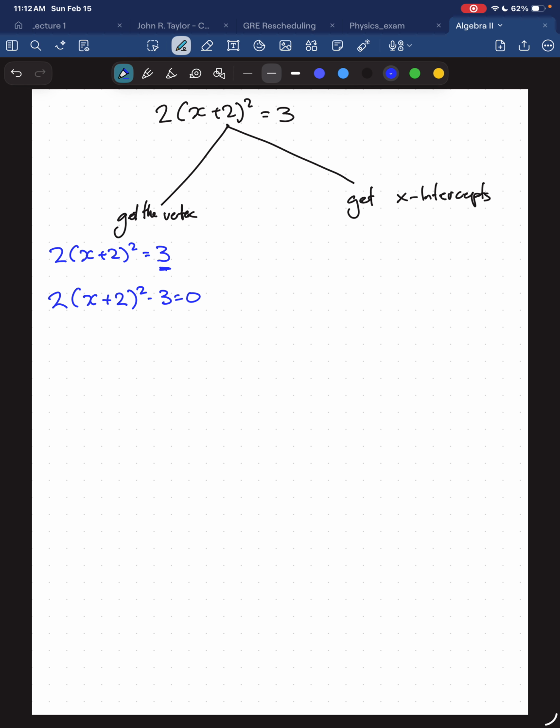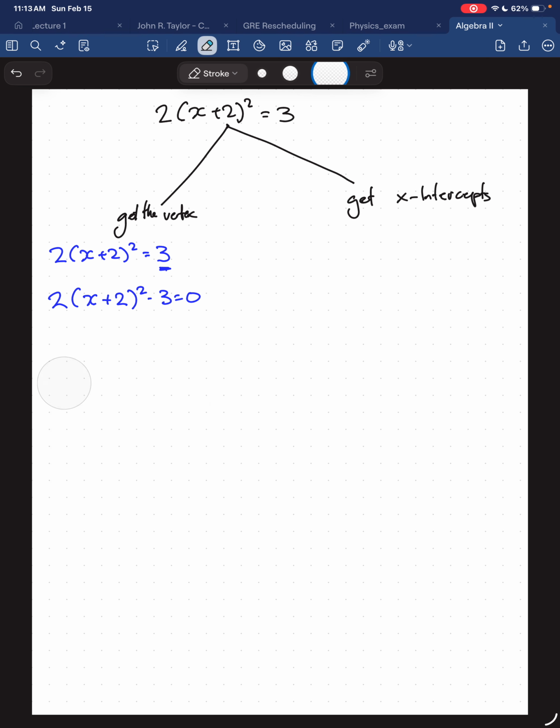And then from there, to get the actual vertex, if I have my quadratic graph, the vertex is this point, either the lowest point or could be the highest point, right?